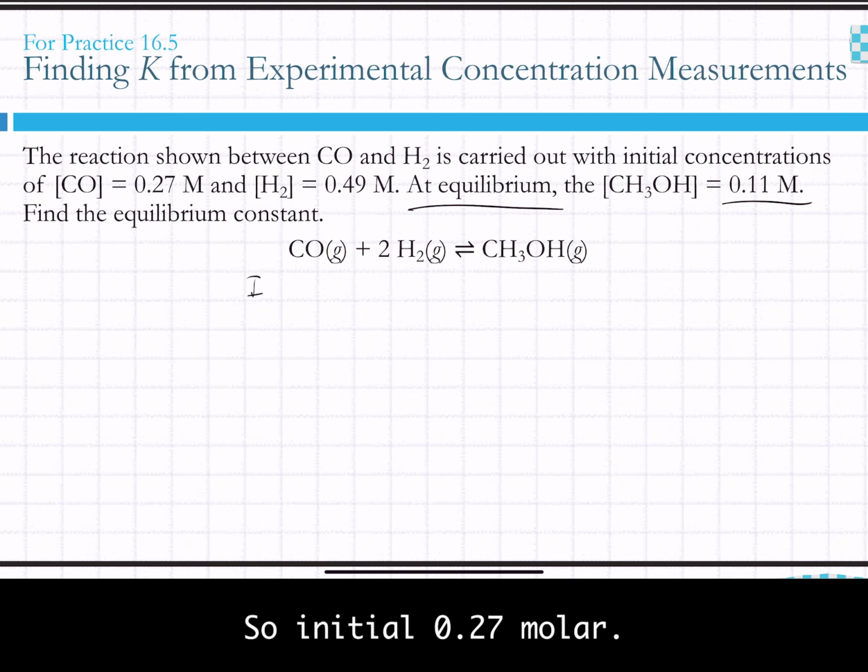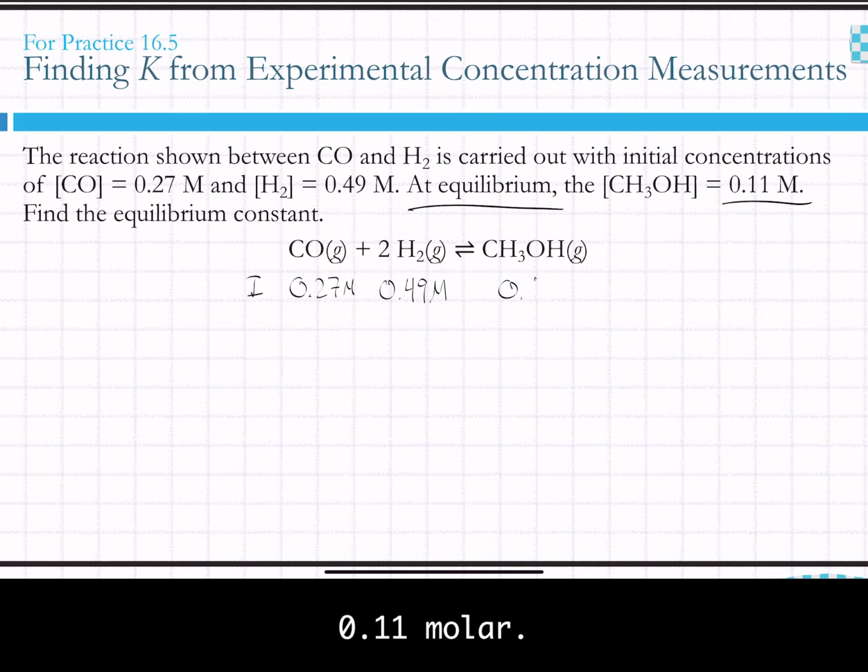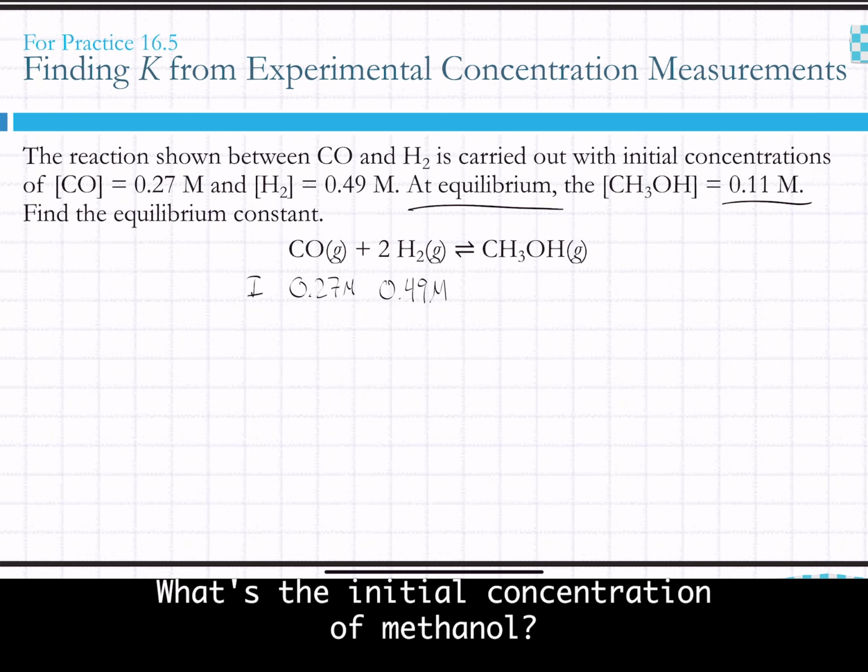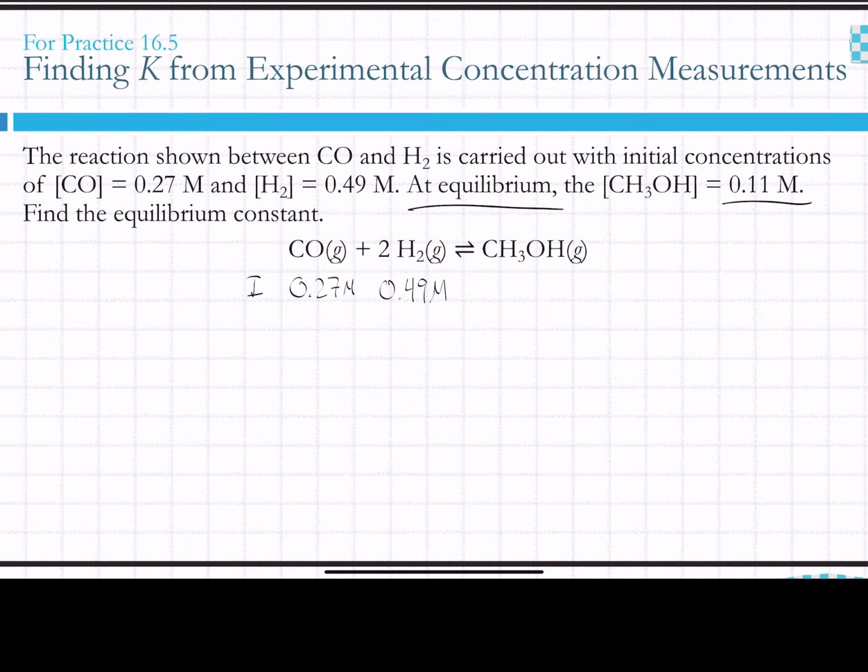So initial, 0.27 molar, 0.49 molar, 0.11 molar. Oh, sorry. I lied. What's the initial concentration of methanol? Zero. It's kind of implied here.